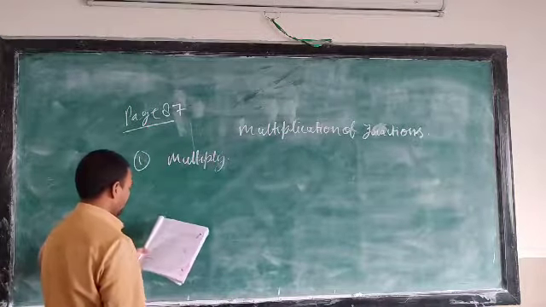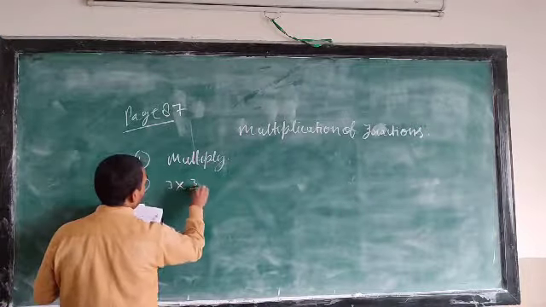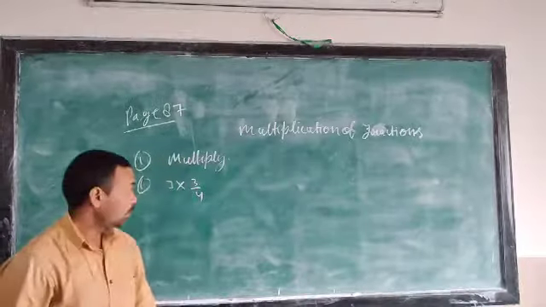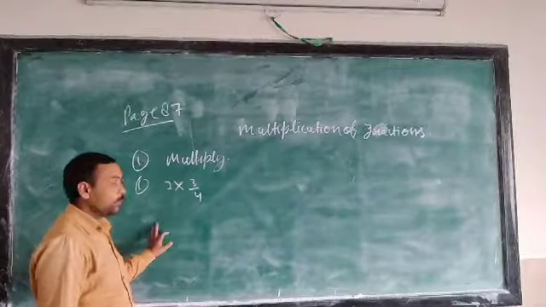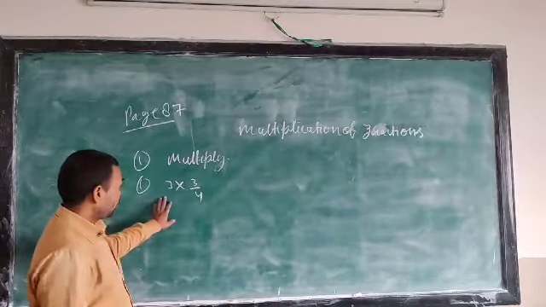Multiply 3 by 3 by 4. Here the category of question is how to multiply a whole number by a given fraction, or how a fraction can multiply a whole number.